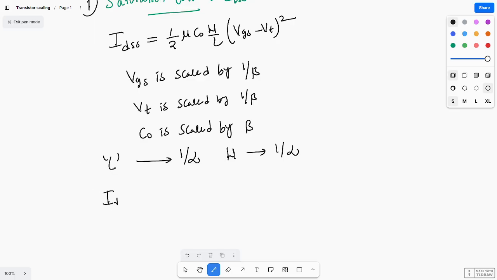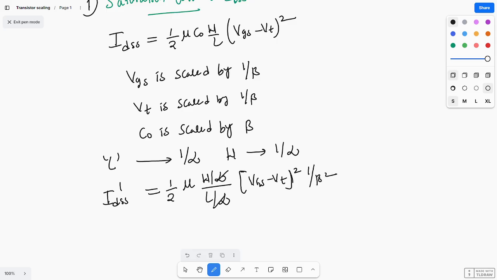Just substitute and try to get the current equation. So IDSS dash equal to 1 by 2, constant, and mu is also constant, that is mobility is also constant. W by alpha over L by alpha, and VGS minus Vt whole square 1 by beta square.